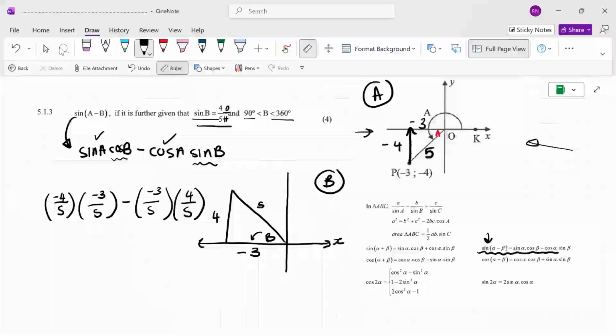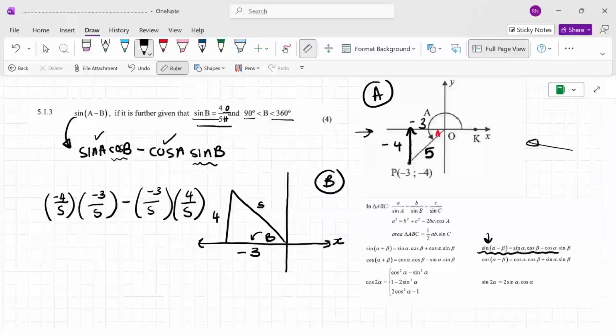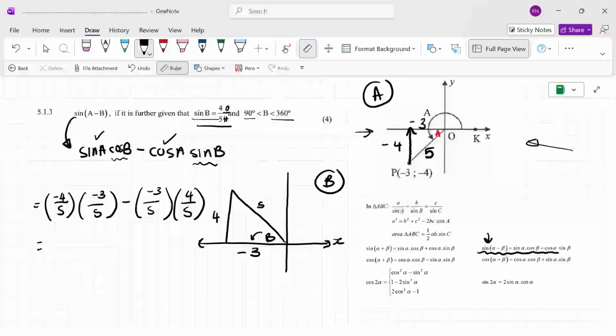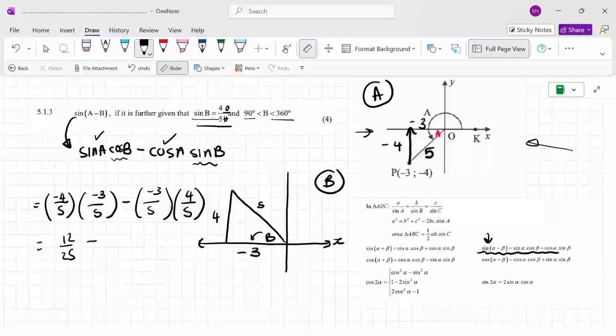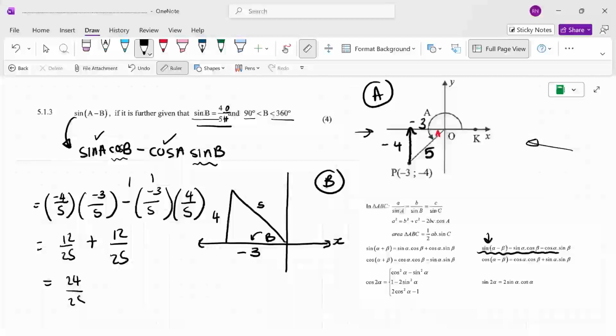And then again, you can just put this in your calculator, or you can do it the difficult, hard way. But if you multiply the first two together, you should get 12 over 25. Minus, oh, is it going to be minus? Oh, yes. Here we have minus 3 and minus there, so it's just going to be plus 12 over 25, which is going to be 24 over 25.